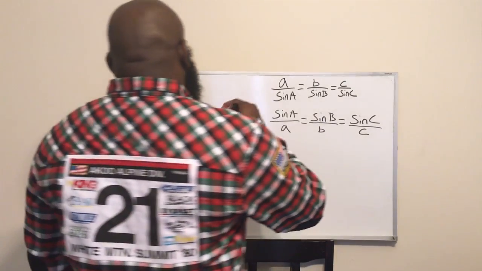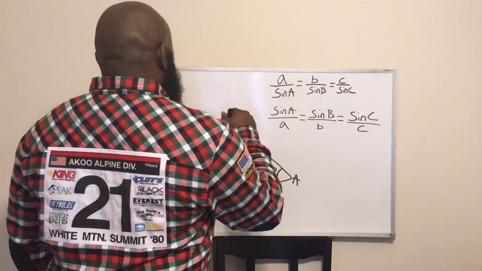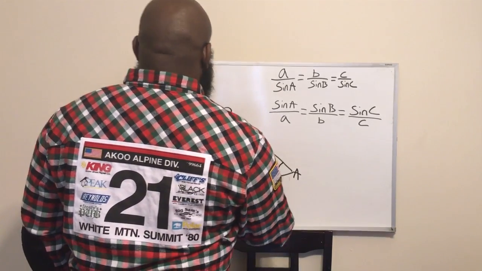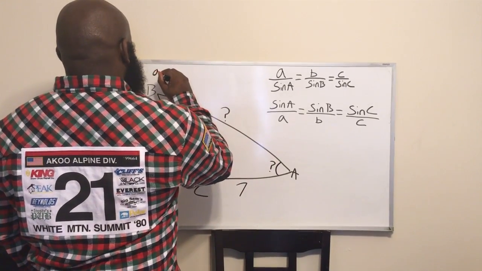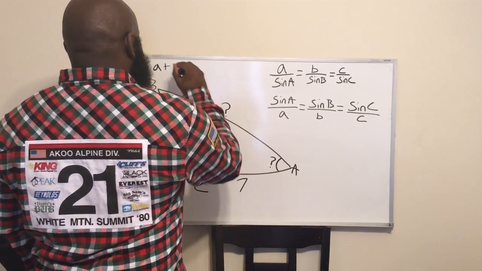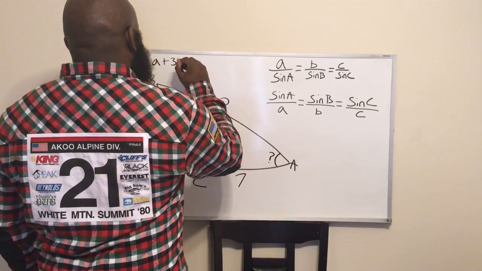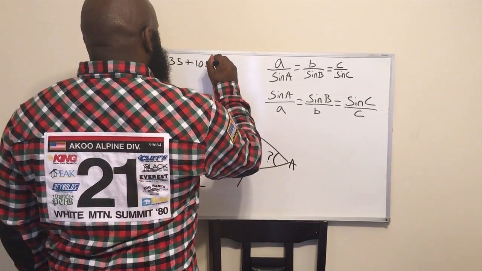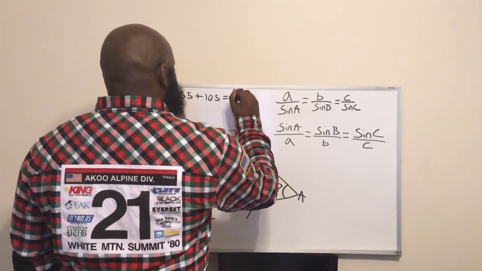So as I said before, let's see what angle we're missing. We're missing angle A. Perfect. A plus angle B plus angle C is equal to 180.